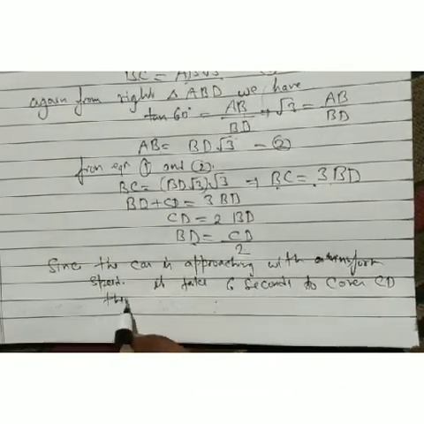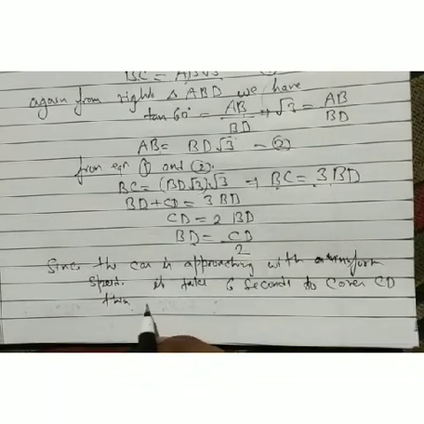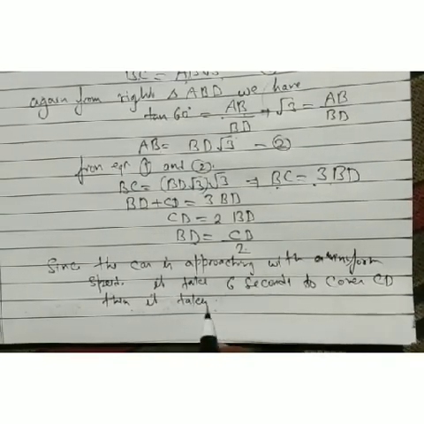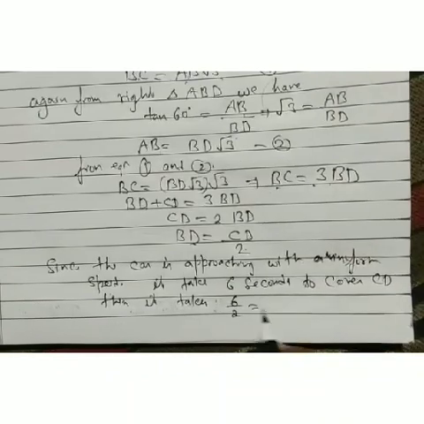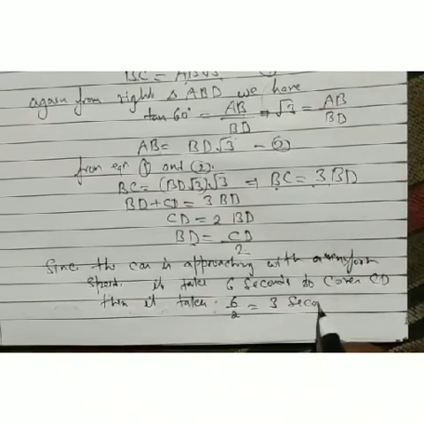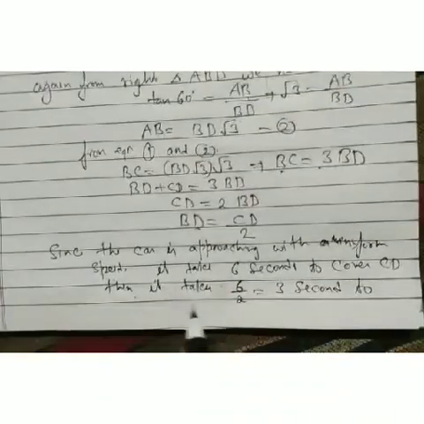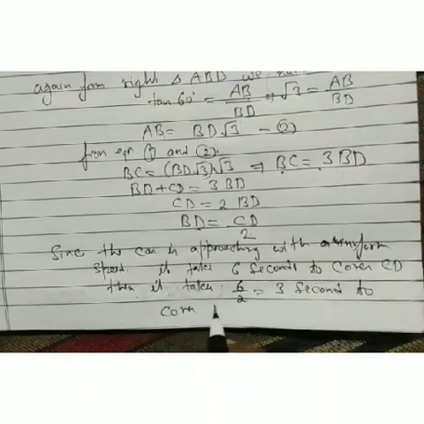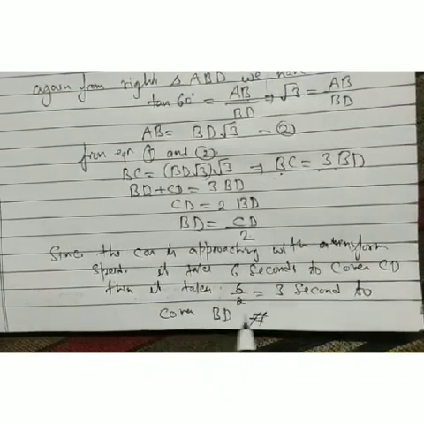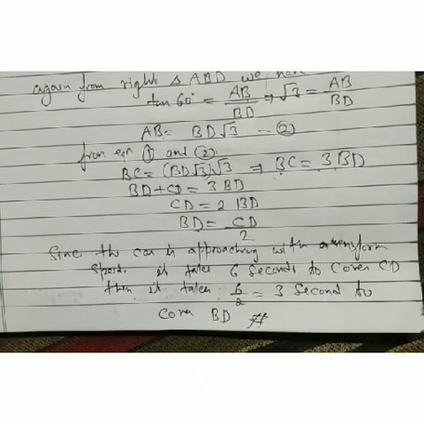Then BD is half of it, so it takes 6 by 2, equal to 3 seconds, to cover BD. This is our required answer, because our car is moving with a uniform speed.